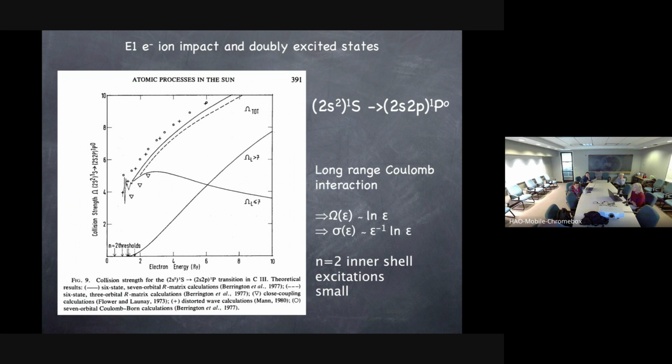If you have a fully permitted transition with one electron jump, these resonances aren't terribly important. And so that's why something like the Van Regemorter formula works. It's because if you use something like the Born approximation, you end up with a description for the interaction between the incoming electron and the atom. You end up with an oscillator strength determining what the collision rates are. And that comes from these very long-range Coulomb interactions. The resonances aren't terribly important in those things.